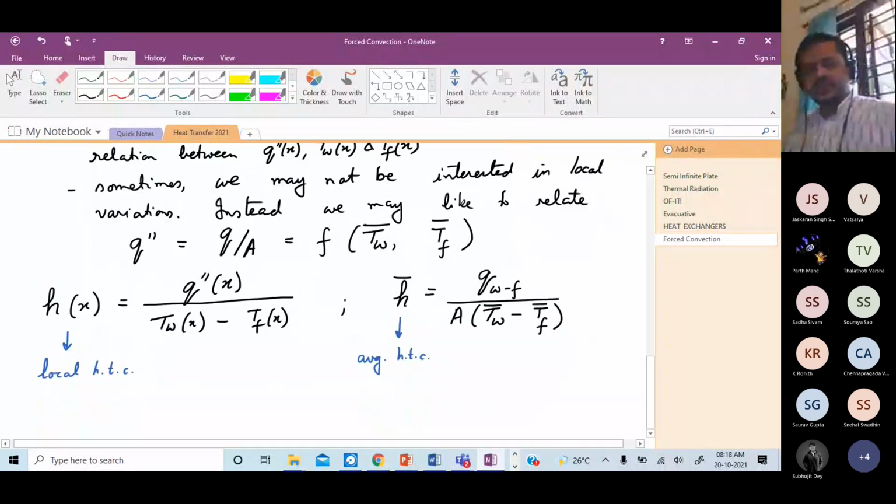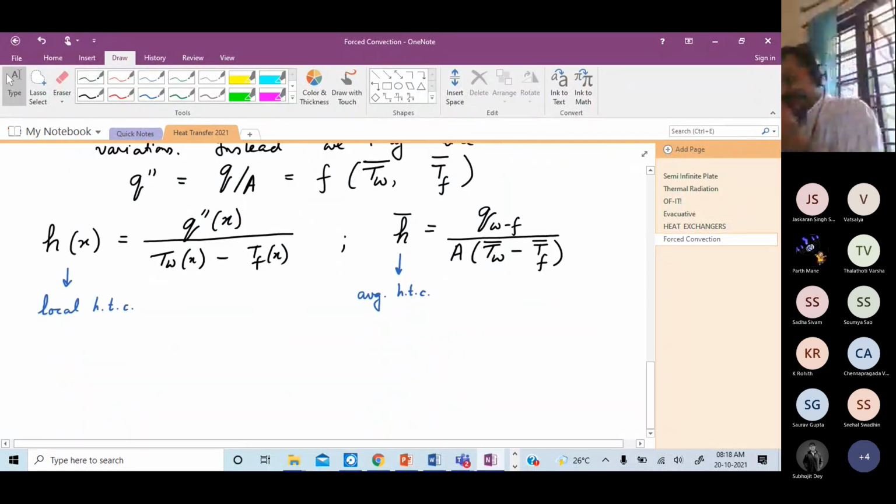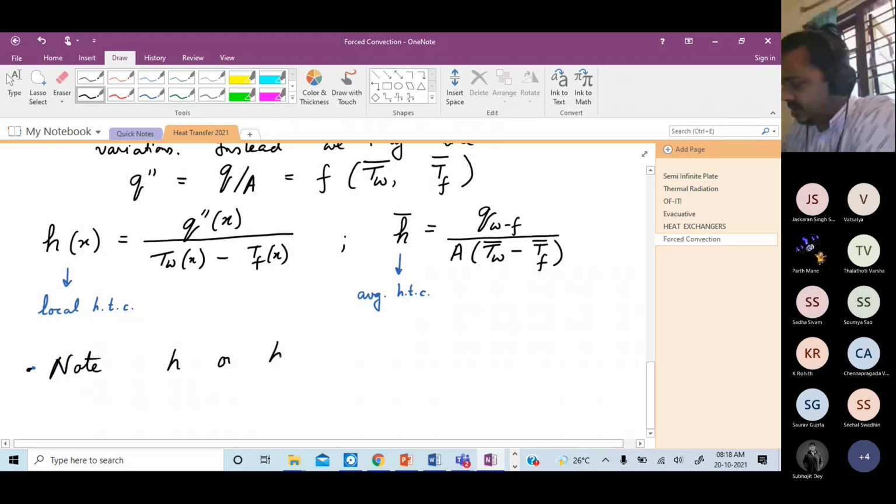The other thing to be noted: h or h bar is always positive. That is how it is defined.